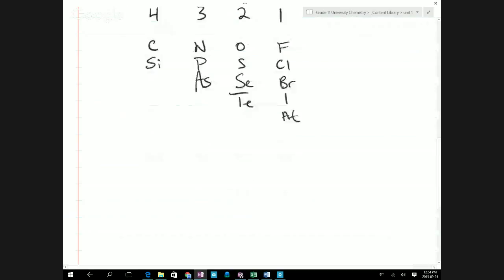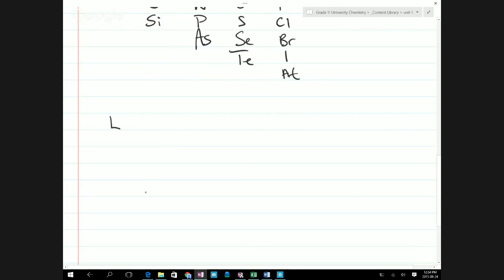Good. So really quickly, just a couple more examples. Carbon can form 4 bonds like this, right? Now, does it matter what it bonds to? Could I put another carbon here?